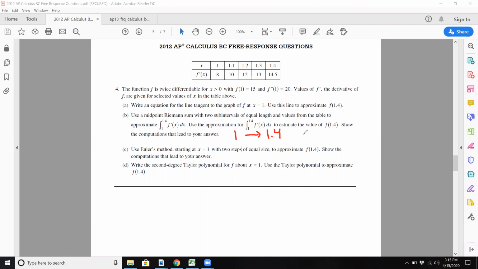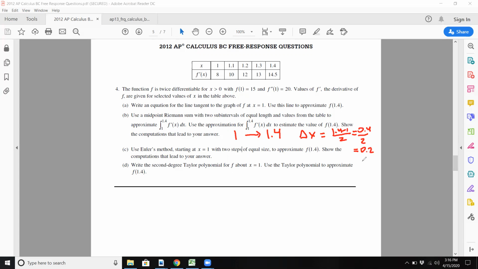On 2 steps, so basically your delta x, if you want to think of it that way, is going to be 1.4 minus 1 over 2, or 0.4 over 2, which is just 0.2.